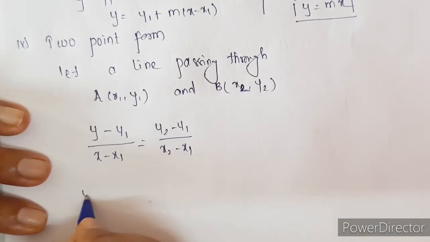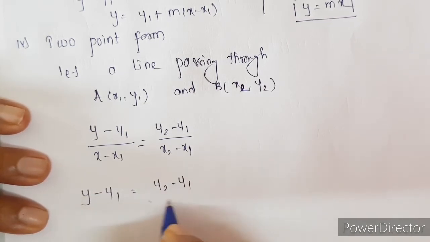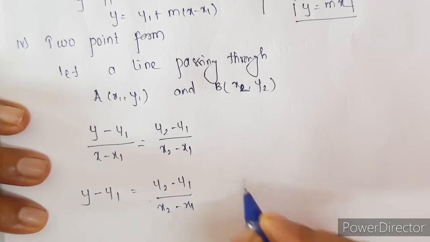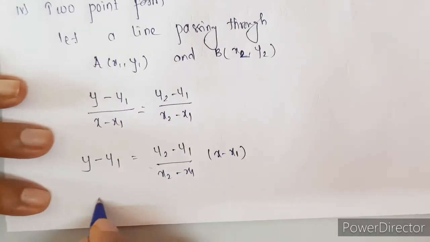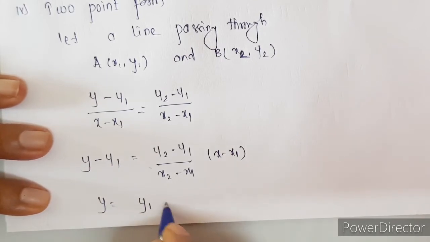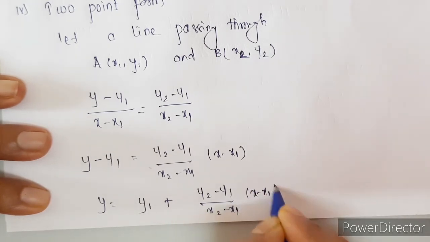Suppose we are directly using this, it can be written as y minus y1 equals y2 minus y1 upon x2 minus x1 into x minus x1. Further, we can write this as y equals y1 plus y2 minus y1 upon x2 minus x1 into x minus x1.